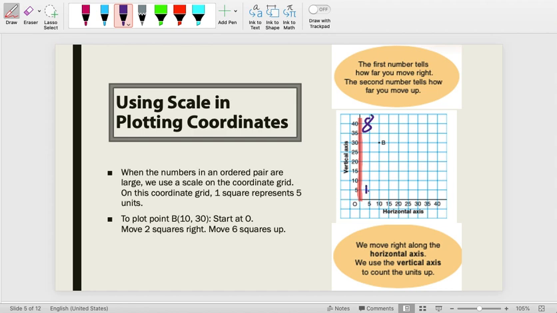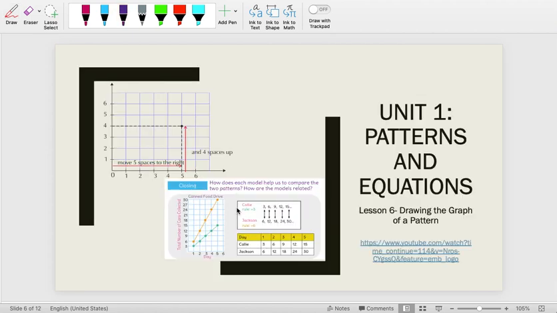But what we're saying is one line equals 5, and it's a ratio, a 1 to 5 ratio, and that's what a scale is. So we say that one line equals 5. So we can start plotting things with bigger points. We can actually plot 10 and 30 on a limited graph. We don't have to have a huge graph.